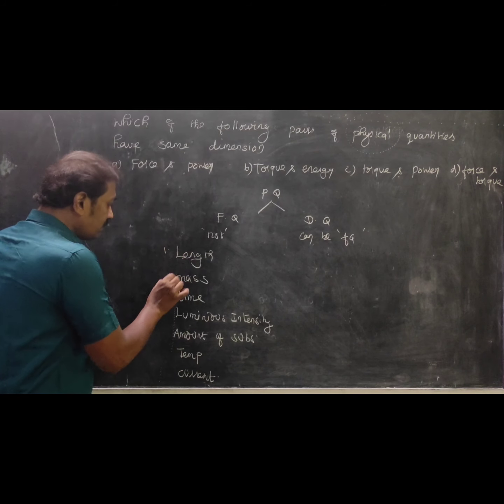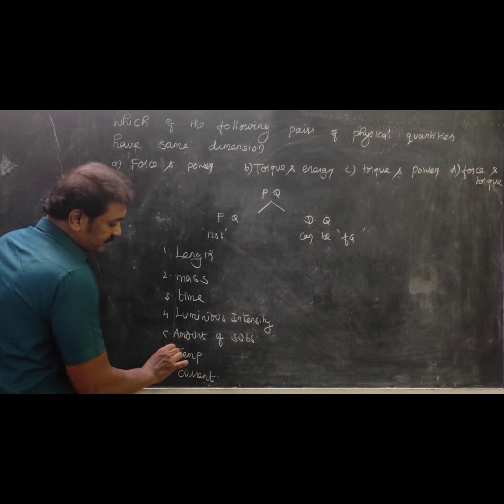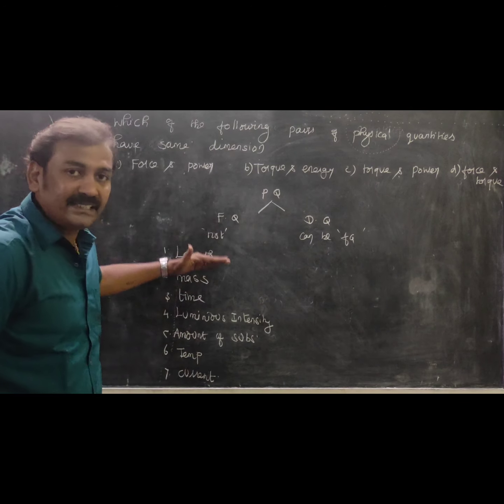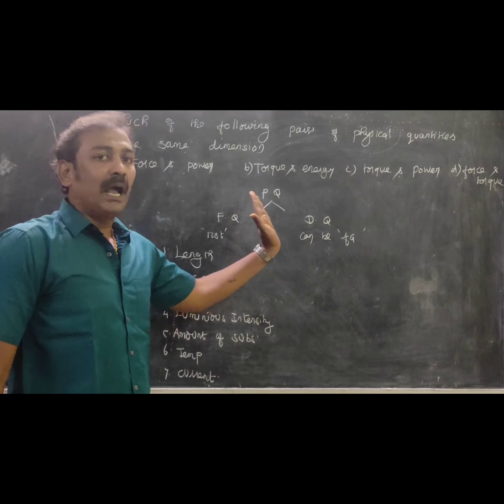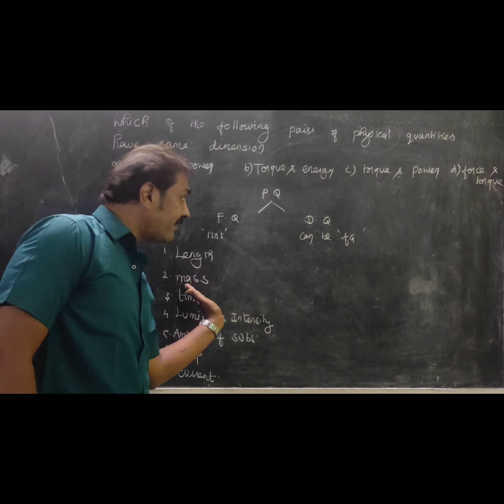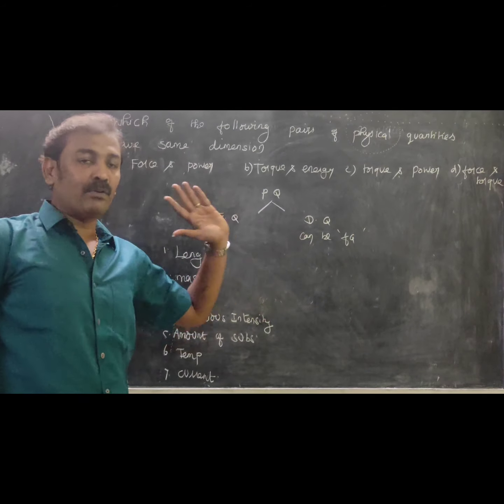So 1, 2, 3, 4, 5, 6, 7. These seven are fundamental quantities. The quantities which can be derived from fundamental quantities are called derived quantities.